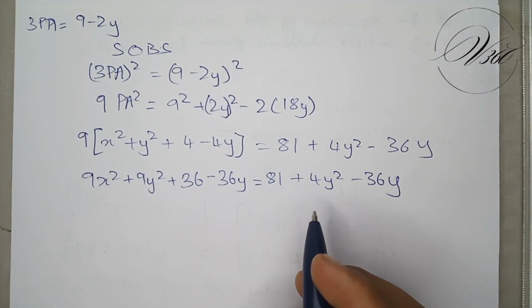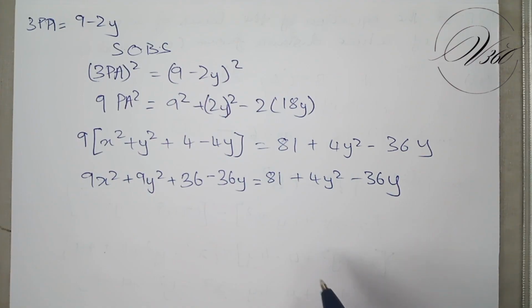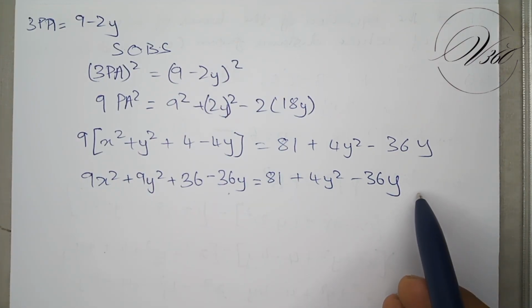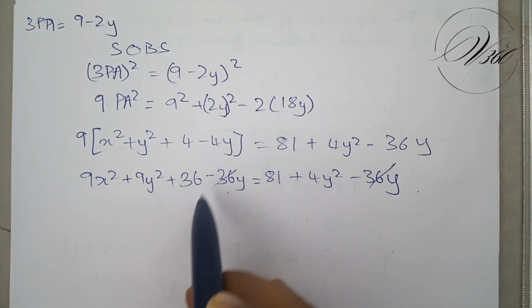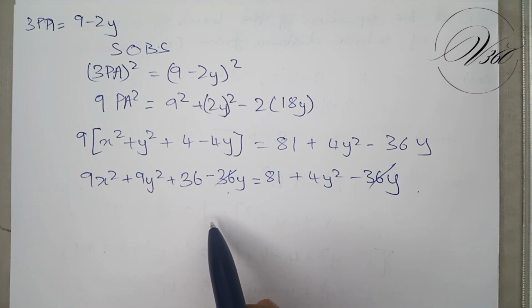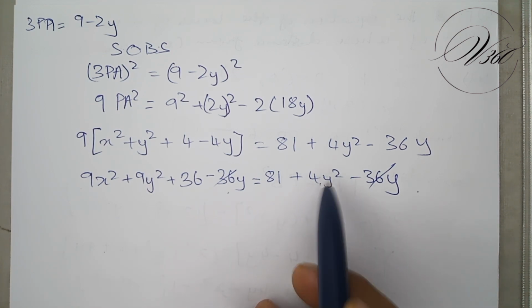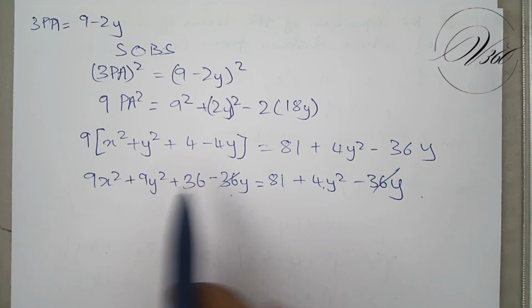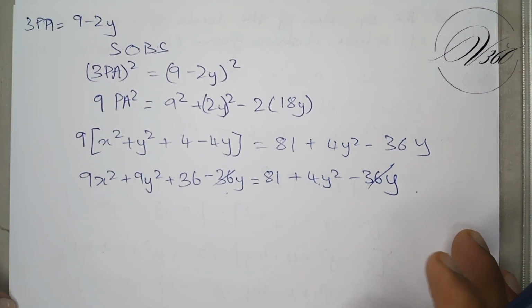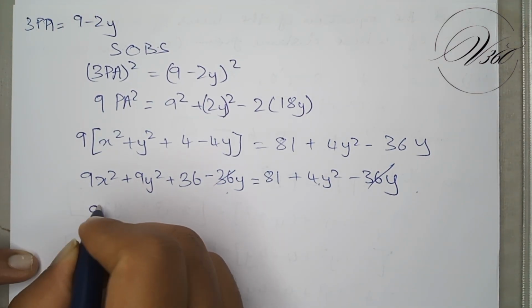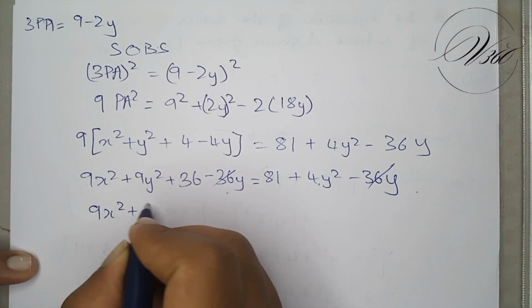Okay. If I take 36 this side, it will become plus. So this and this get cancelled. Now here we have y square, here y square. If we take this side, we will get 5y square.